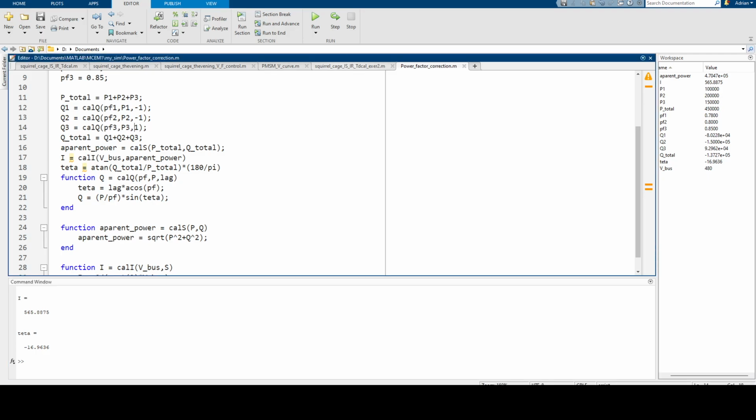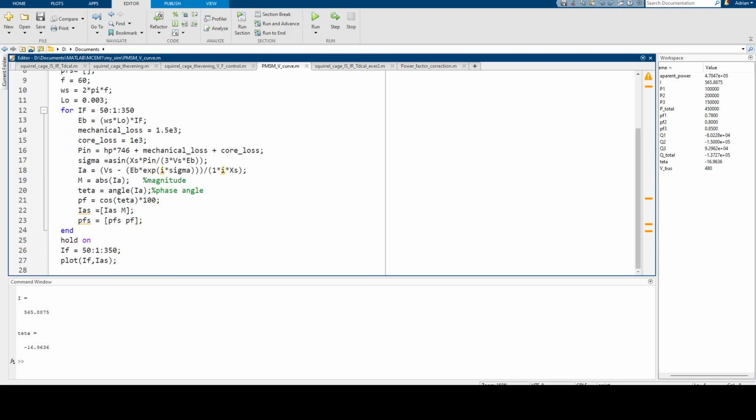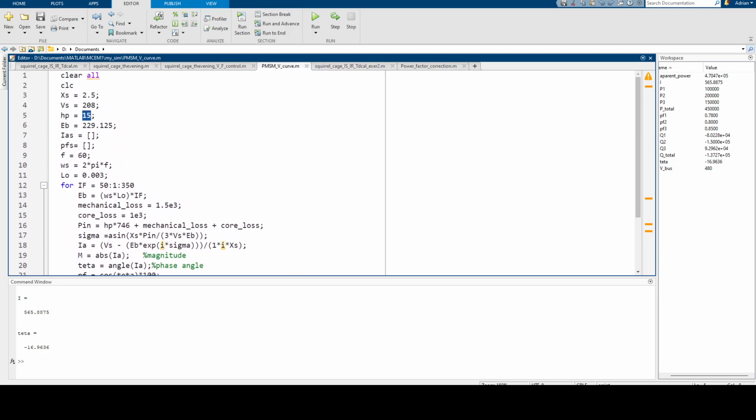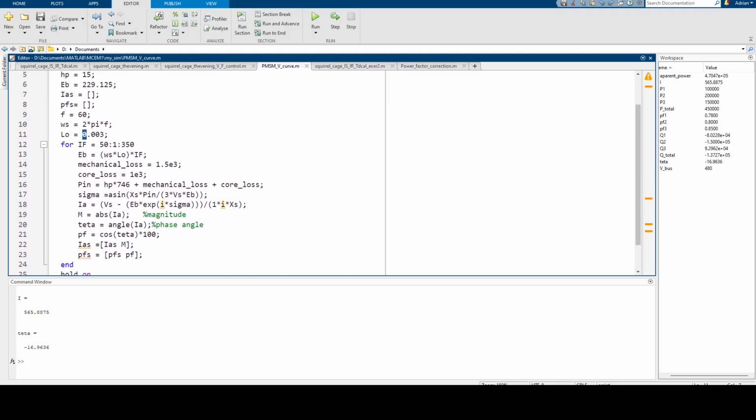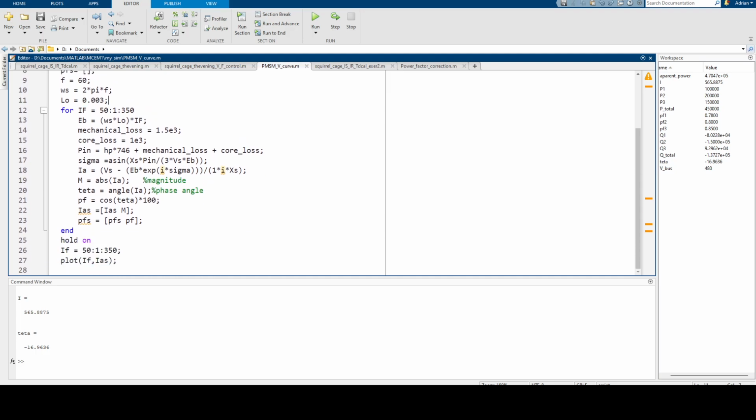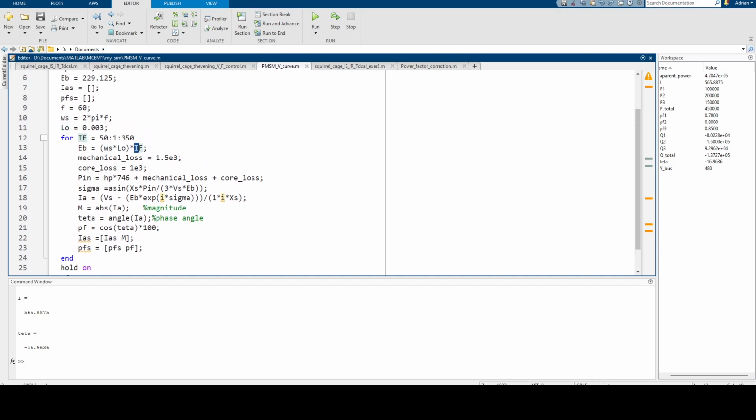So here we see the V curve. We have our initial parameters. We have our 15 horsepower, and we have an L naught, a random L naught, just to have our equation of EV as omega s times L naught times IF.